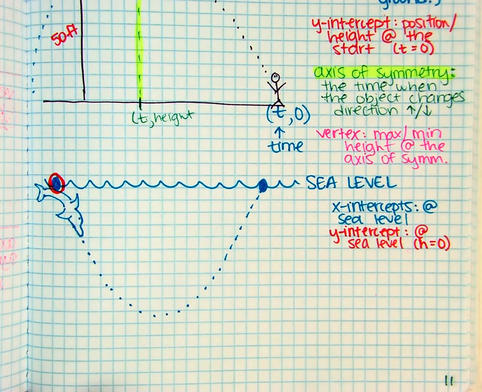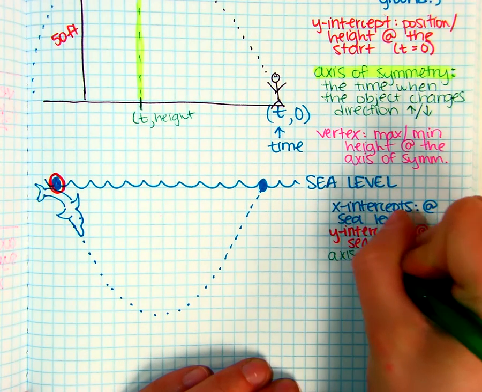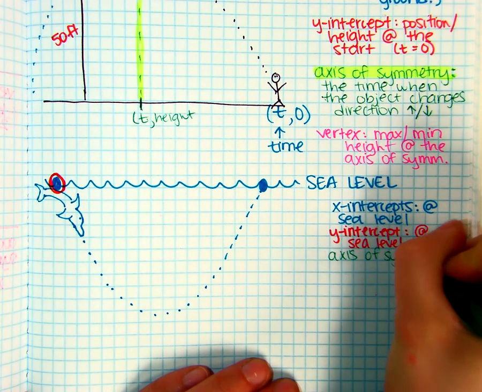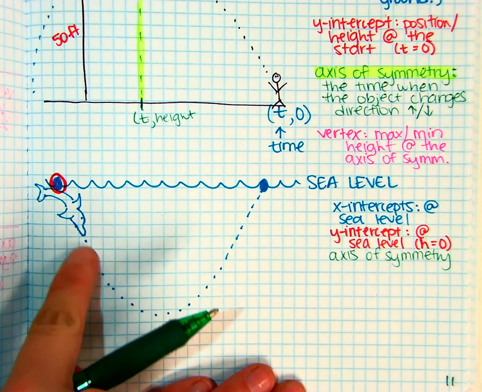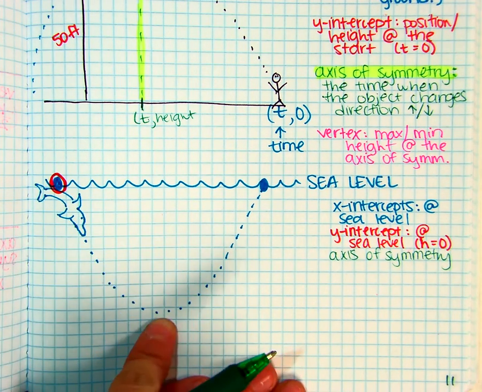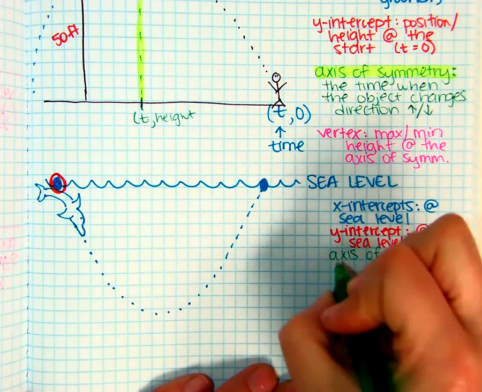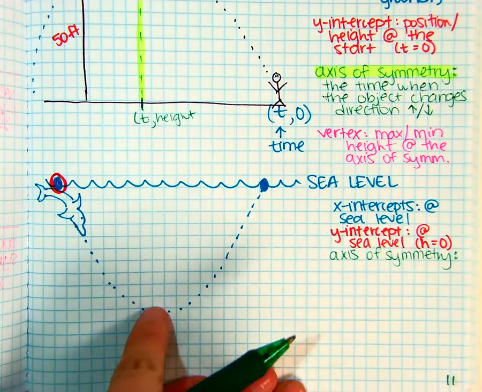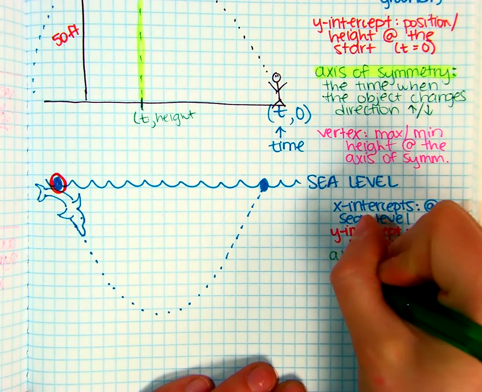Let's look at the axis of symmetry. It's the point where the dolphin is going down and decides it doesn't want to go down anymore, and it comes back up for air. So it stops diving and comes back up. So how would we put that in words?